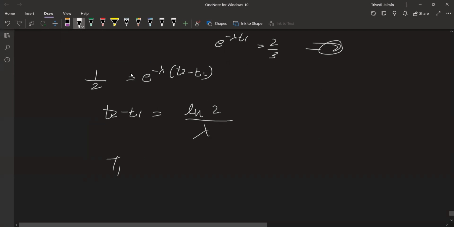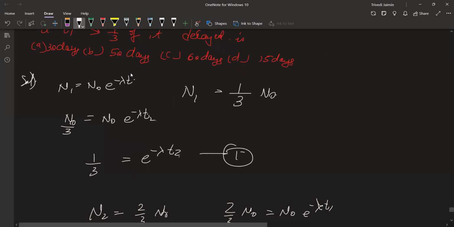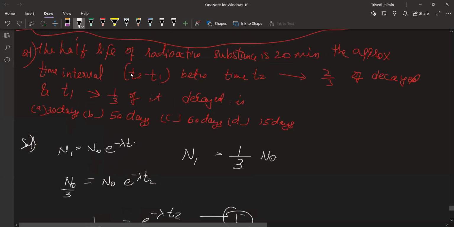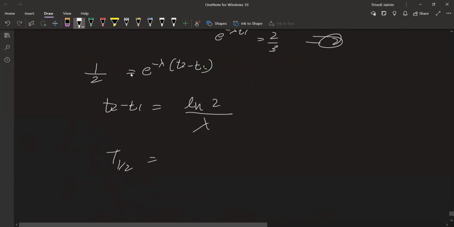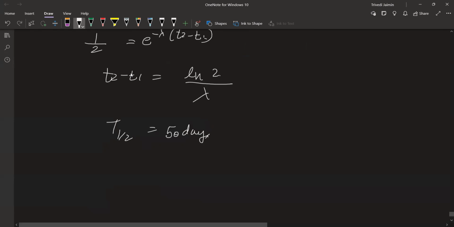So T1/2, which is 50. No, this question we have solved, I think.